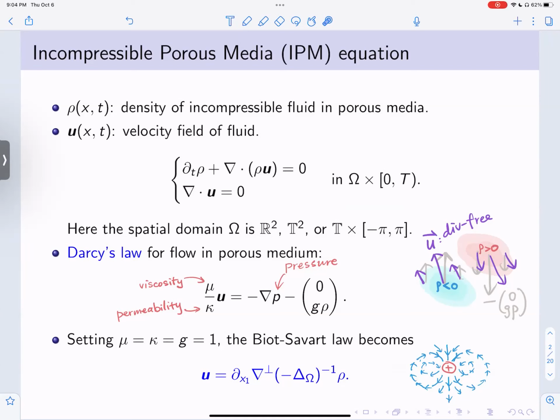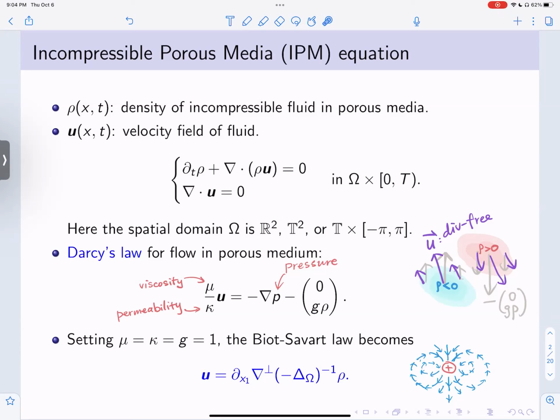Many of you are familiar that the incompressible Euler equation basically says that if you are following a fluid particle, then it satisfies Newton's law, that the acceleration is proportional to the force. However, we are talking about the density of fluid in porous media here, and they behave in a way that, instead of Newton's law, these fluid particles do not have inertia, so they satisfy Darcy's law instead.